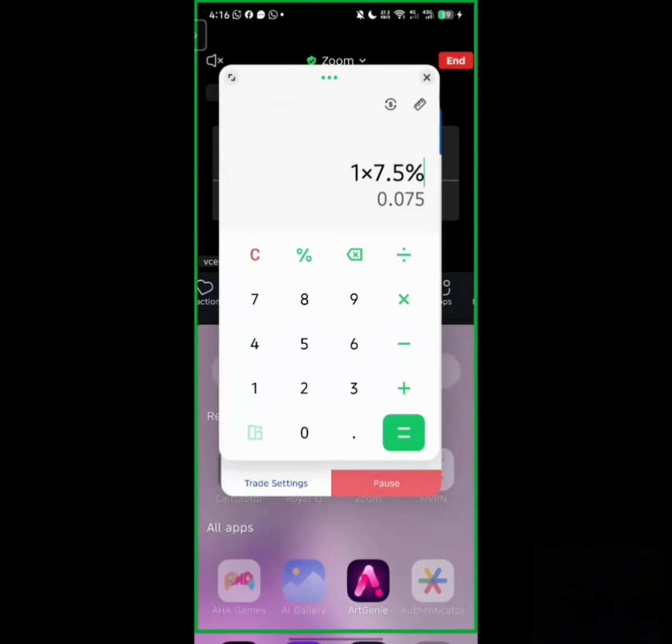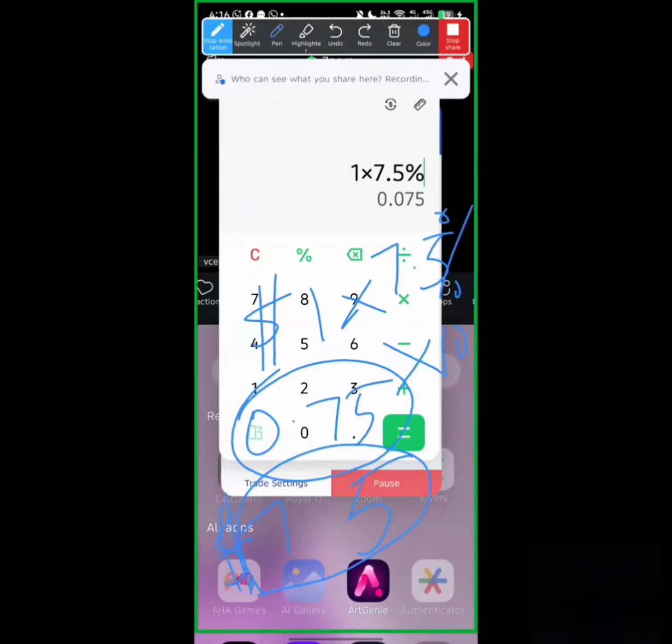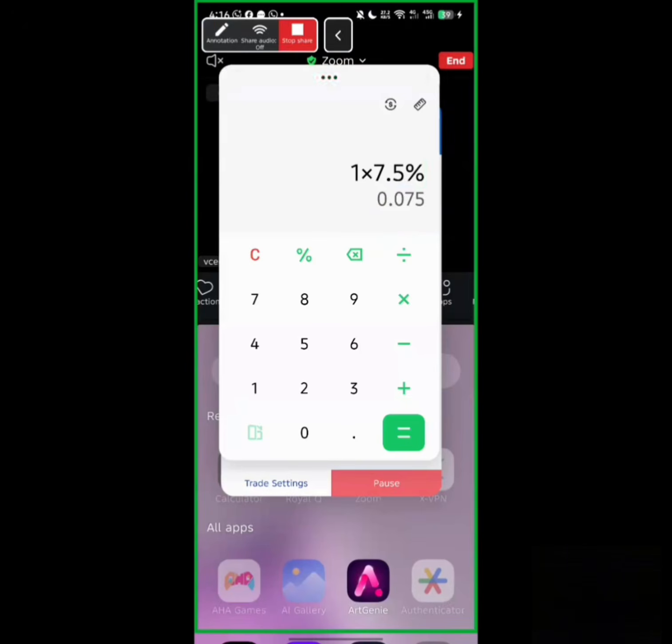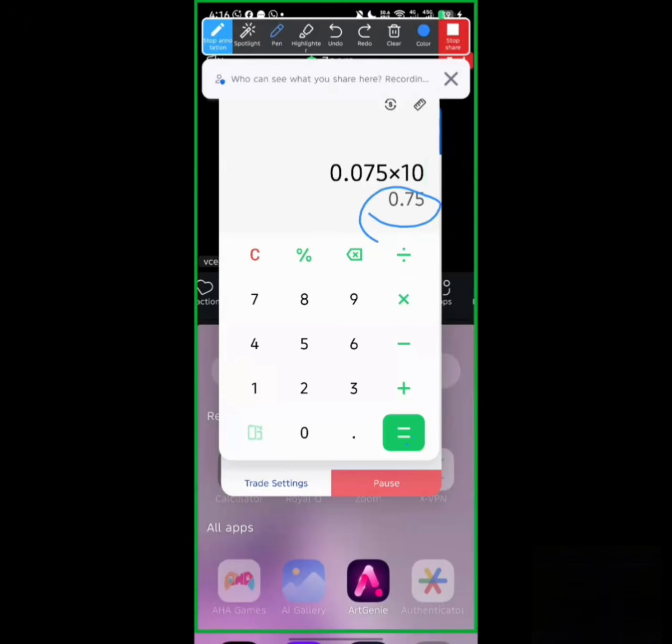But because I have used the leverage of 10 and they have given me a position of 10, I'll be making this amount in 10 places. This is what I'm supposed to make, 0.07, but I'll now be making this 0.07 ten times. So 0.07 multiplied by 10, 0.75 would be my profit.